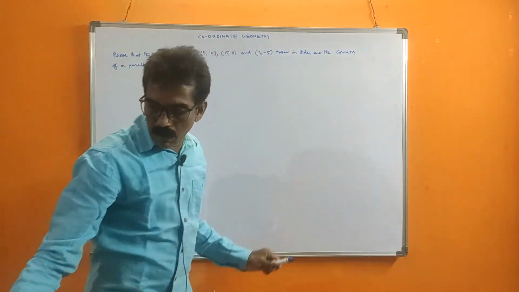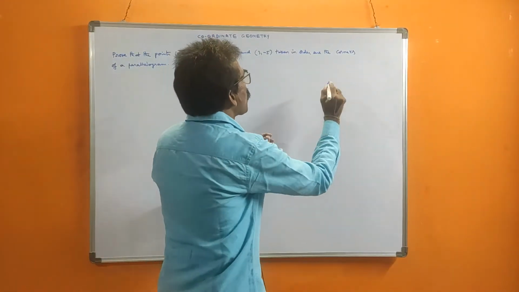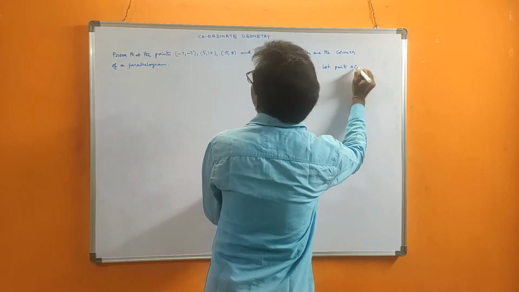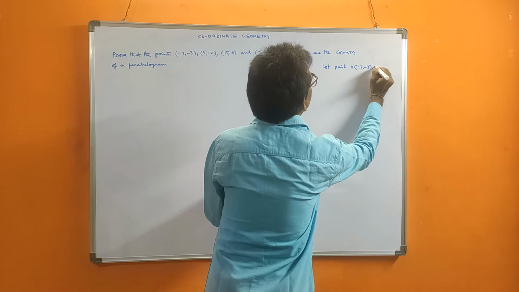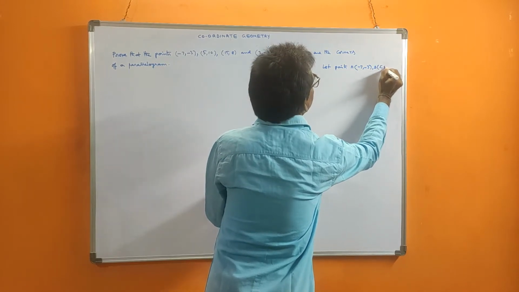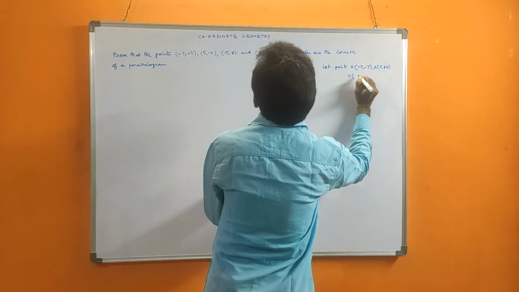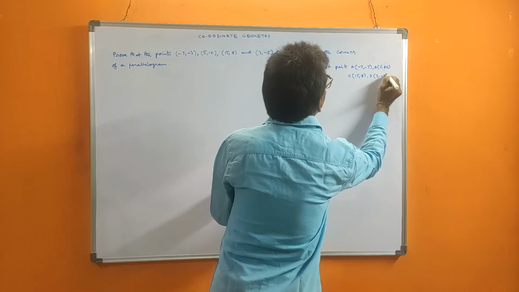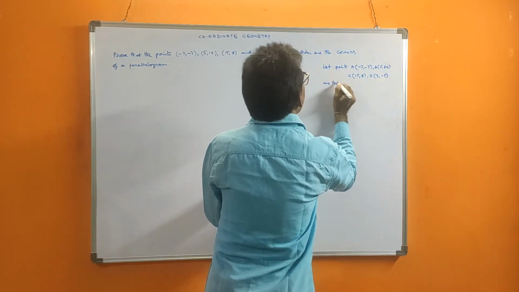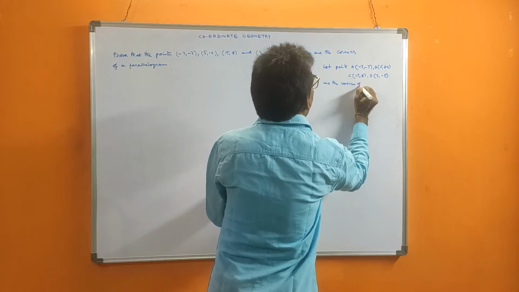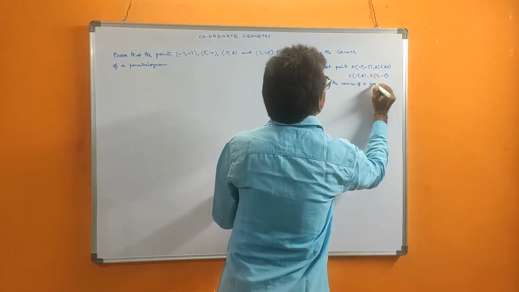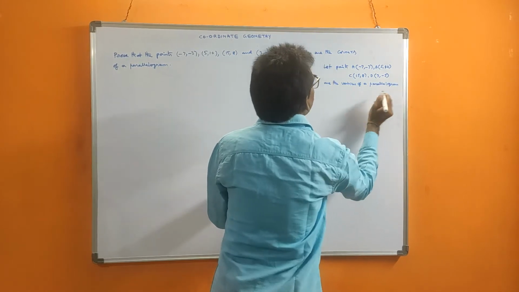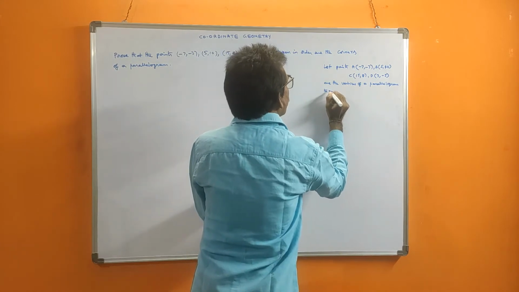We should satisfy all the conditions. Let points A (-7, -3), B (5, 10), C (15, 8) and D (3, -5) be the vertices of a parallelogram taken in order.